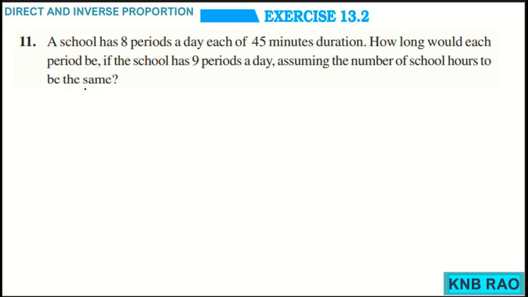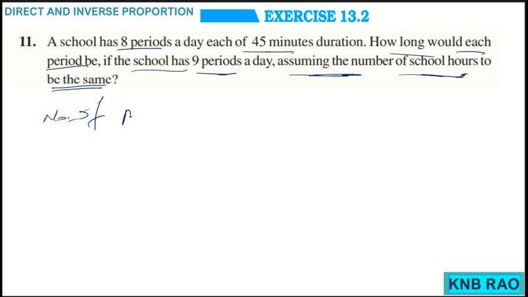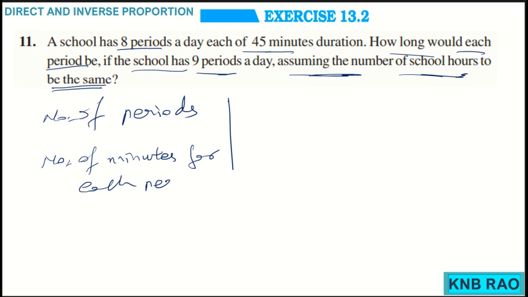Coming to the question number 11, a school has 8 periods a day, each of 45 minutes duration. How long would each period be if the school has 9 periods a day, assuming that the number of school hours to be the same? That means number of periods and number of minutes for each period.